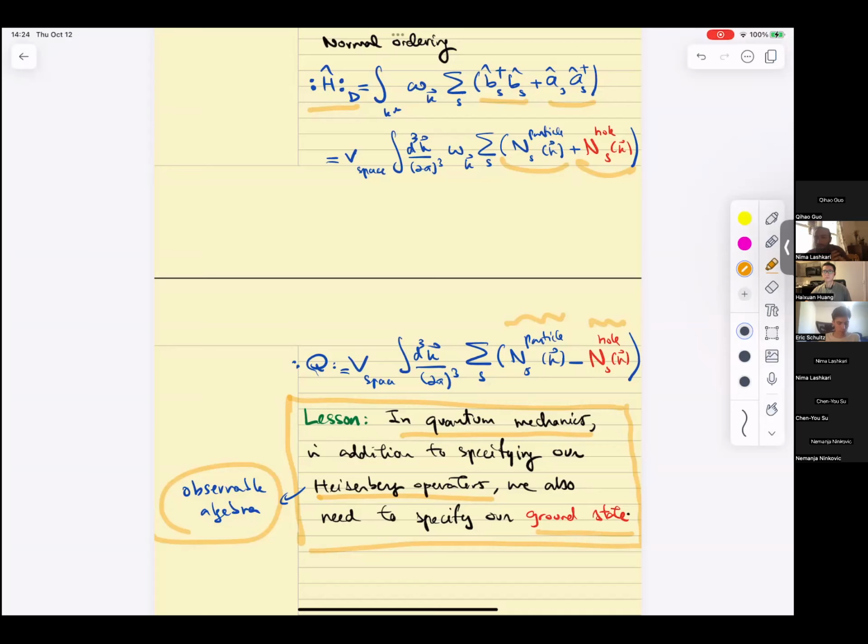Then we finally switched to our Dirac spinor. We observed a few interesting facts about it. First, because the Dirac action is first order in derivatives, the canonical conjugate variable to psi is psi dagger, and it doesn't have time derivatives.